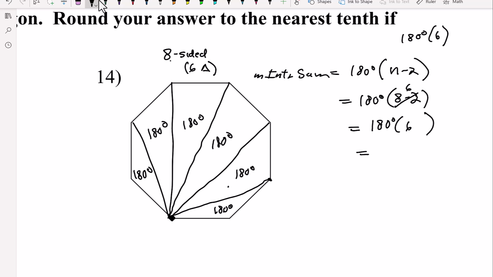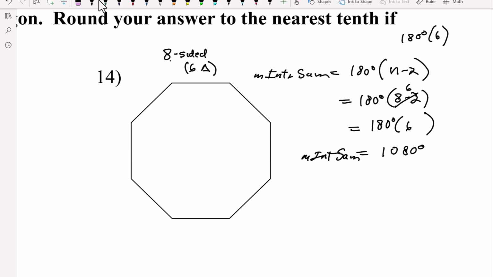So the measure of this 8-sided shape, the measure of the interior sum is 1080 degrees. Now the reason this is important is because now we want to find, and I would recommend doing this, the total of all of these angles add up to 1080.